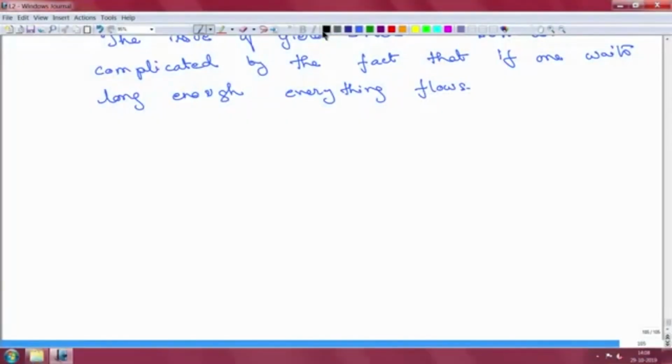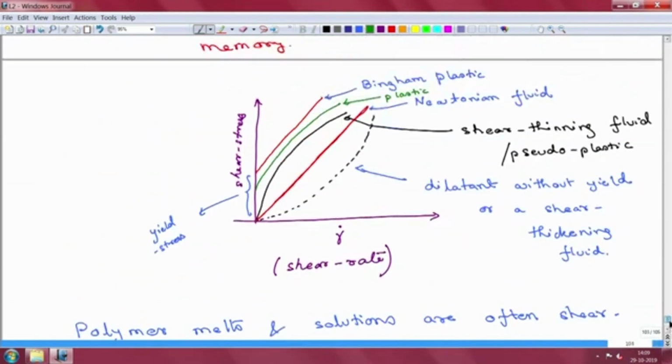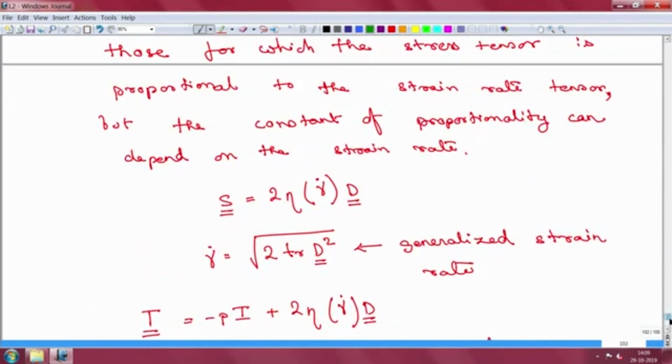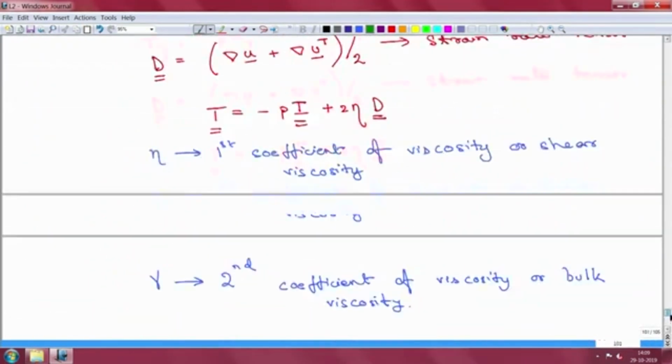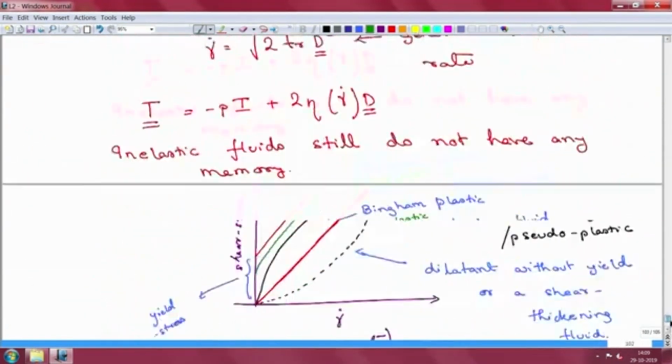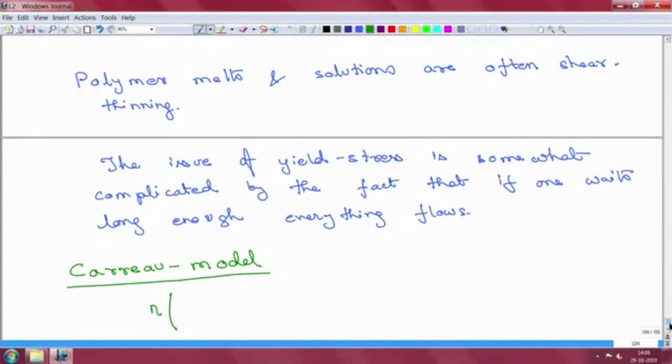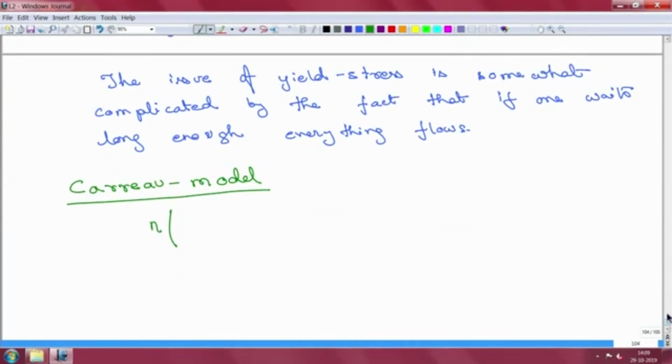In a Carreau model, the equation that governs this is given as, let me quickly check what term I was using. Okay. So, we have been using eta for viscosity, so we will just stick with that.